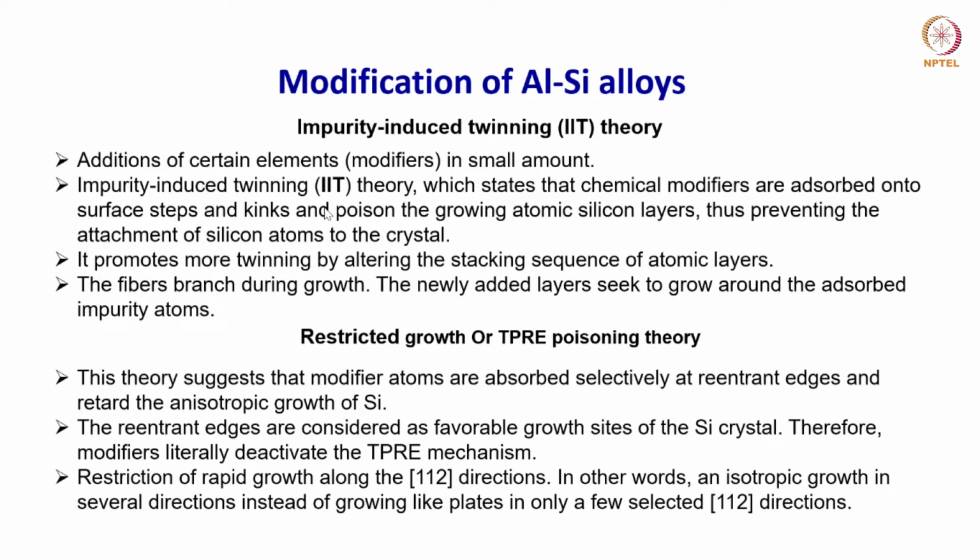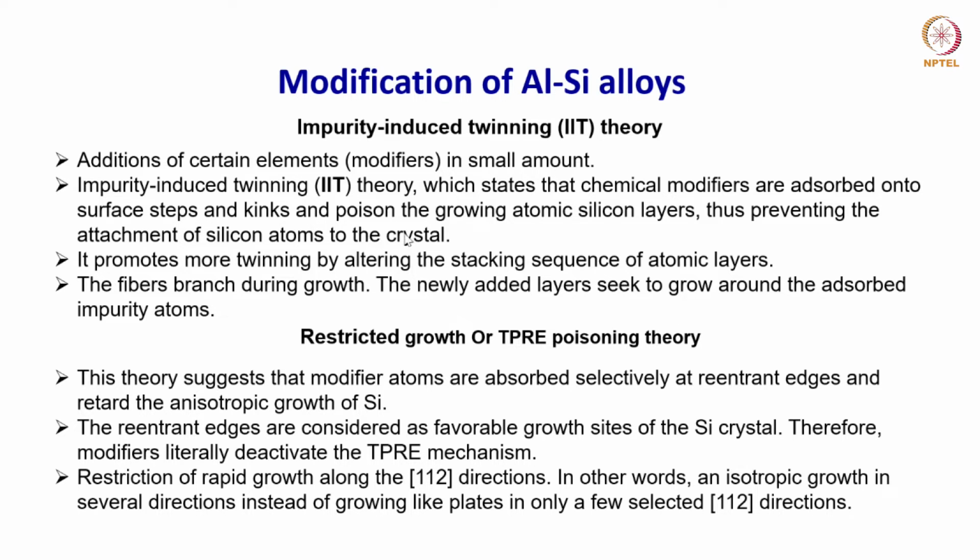Okay, so this IIT theory of modification says that the chemical modifiers are actually adsorbed onto the surface in locations where you have this kind of steps and kinks on the surface.